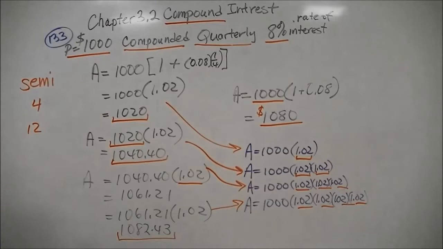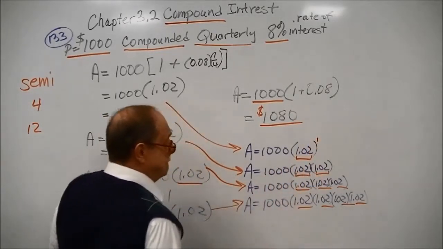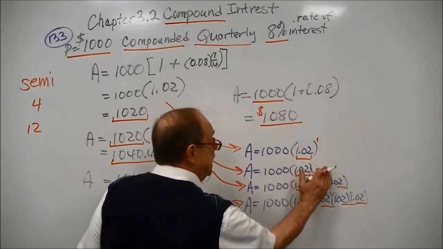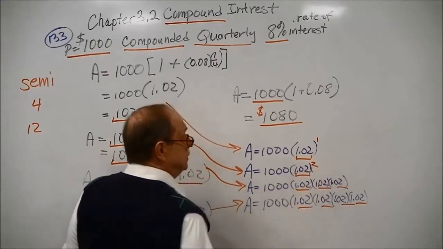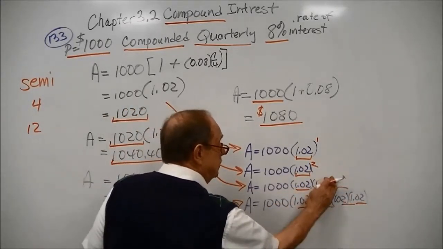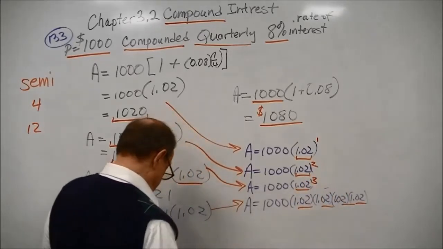We have a factor that we are repeating in a sense. We have in mathematics a way to shorten that. If this is just used once, we have a 1 there. If it's used twice, we could erase that and put a 2 there. If it's used 3 times, we can erase that and put a 3 there.